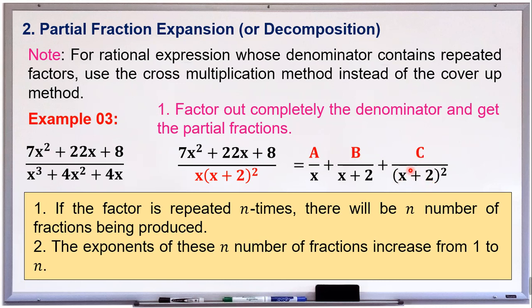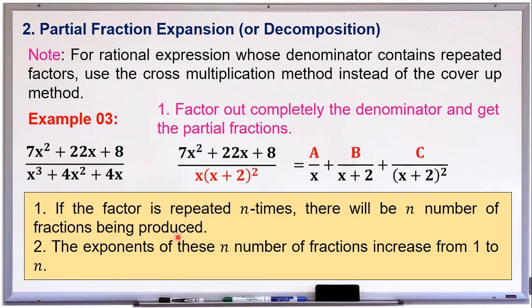Now for repeated factors, please do not forget these two rules. If the factor is repeated n times, now in our example, we have a repeated factor x plus 2. So it is repeated twice, as you can see by its exponent 2. So there will be n number of fractions being produced. So for the x plus 2 factor, we have two partial fractions.